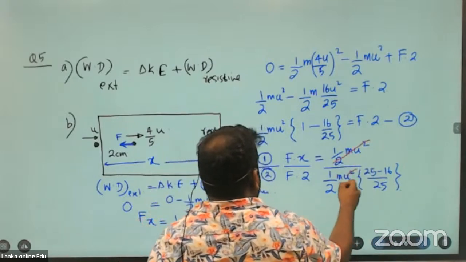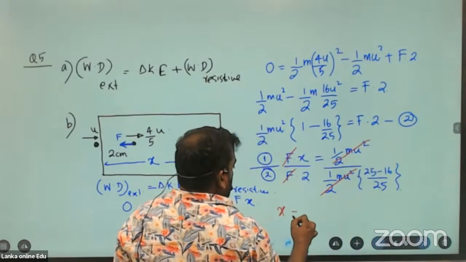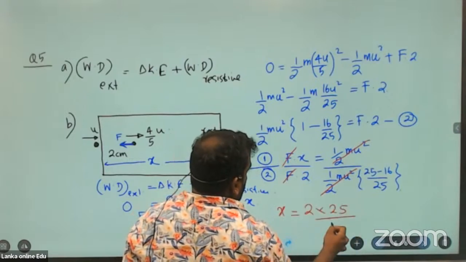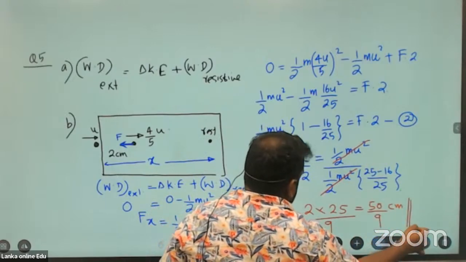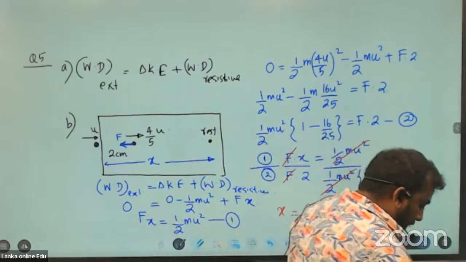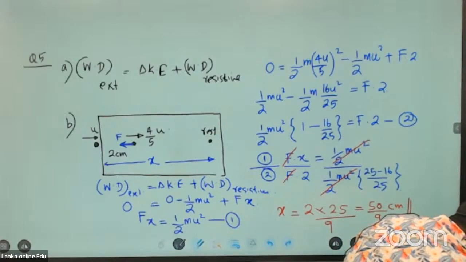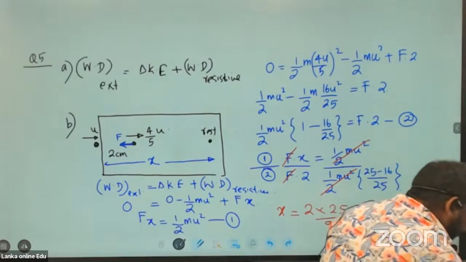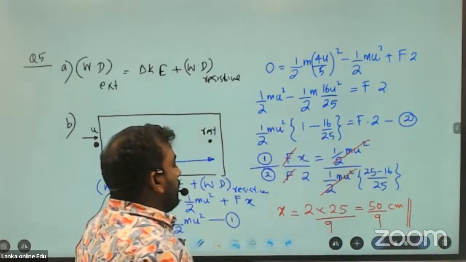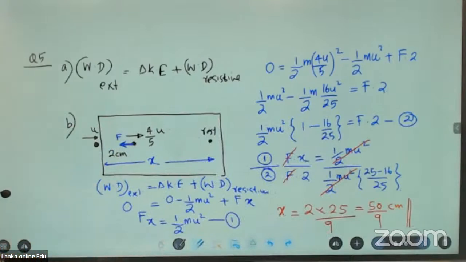Simplify: x equals 2 times 25 divided by 9, which is 50 over 9 centimeters. There you go, 50 over 9 centimeters.